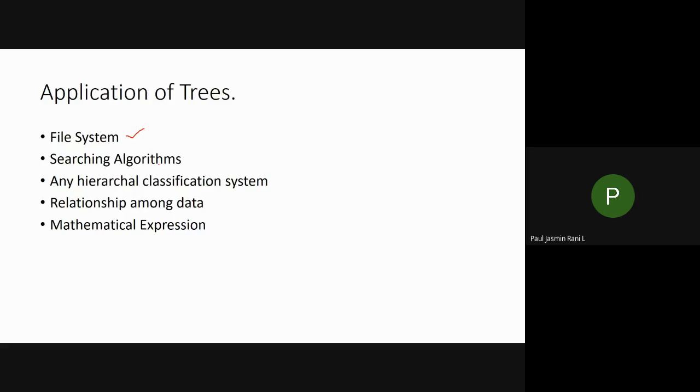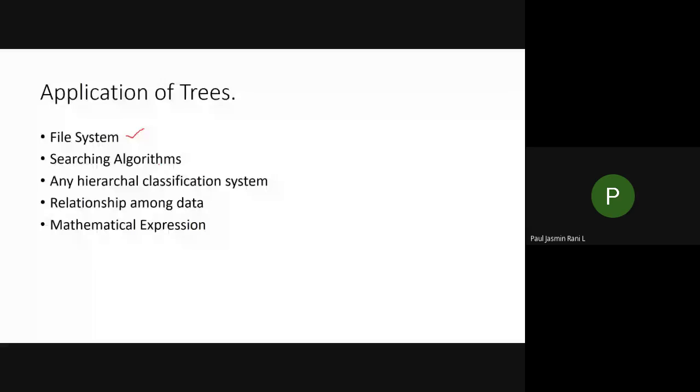So in order to do this file system, we are using the tree data structure. Next one, searching algorithms. If you want to search a limited amount of data, then you can prefer a list data structure. Suppose you want to search a large amount of data, say your database has a lot of records to be searched, then you have to go for the tree data structure.